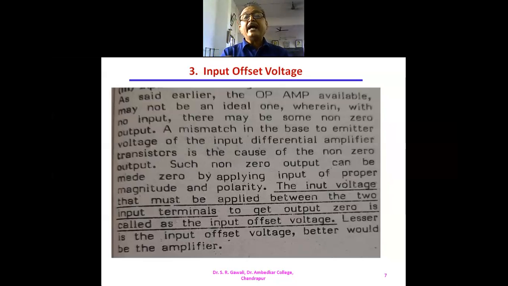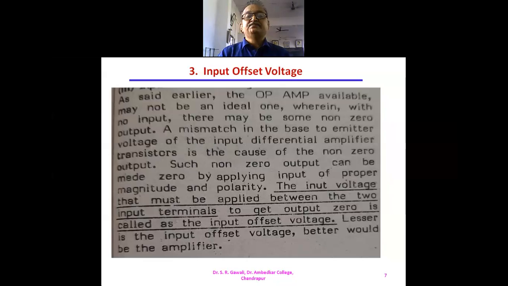So for ideal operational amplifier, lesser is the input offset voltage, better will be the operational amplifier. Ideal operational amplifier की characteristic क्या हो जाएगी फिर? Lesser is the input offset voltage. Input offset voltage कैसा चाहिए? Lesser. It should be the smaller. Ideally it should be the zero. Ideally कितना होना चाहिए?